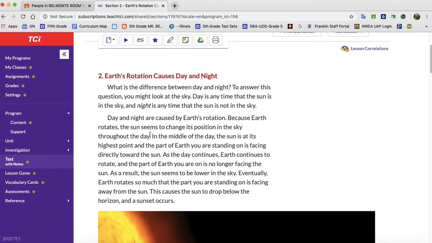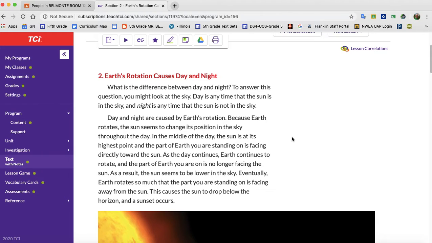What is the difference between day and night? To answer this question, you might look at the sky. Day is any time that the sun is in the sky, and night is any time that the sun is not in the sky. Day and night are caused by Earth's rotation. Because Earth rotates, the sun seems to change its position in the sky throughout the day. In the middle of the day, the sun is at its highest point, and the part of Earth you are standing on is facing directly towards the sun.